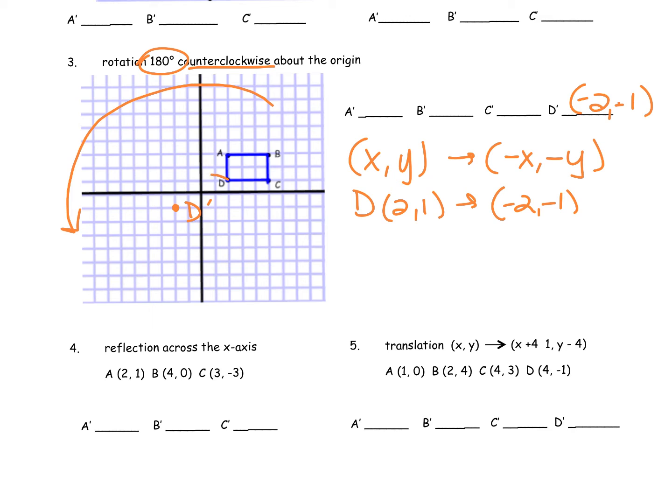So now I know if this goes to here, A, I'm assuming is gonna be right there, but I'm gonna double check. A is currently at 2, 4. That tells me my new A, or A prime, is gonna be at negative 2, negative 4, and I got that in the right spot.